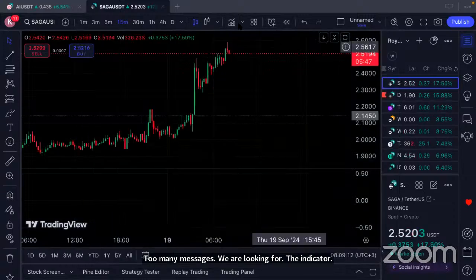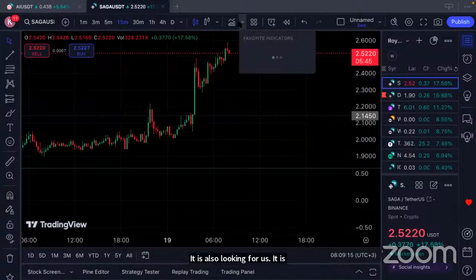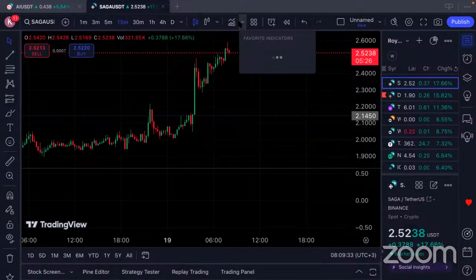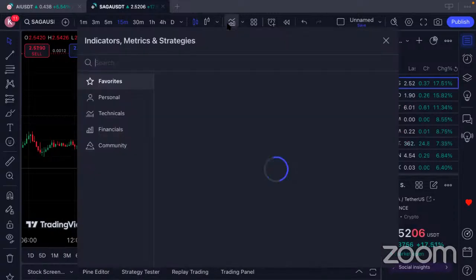It is not accepting to appear. But I believe we shall. I don't know why TradingView is now these days not good enough, but it is one of the best.